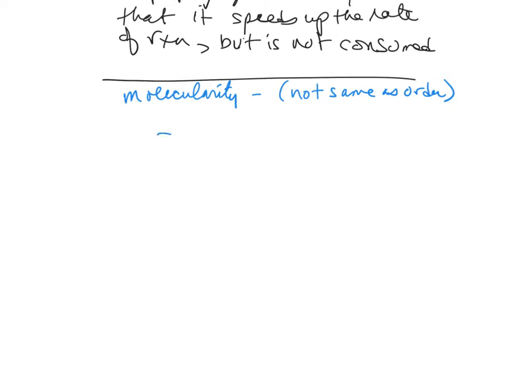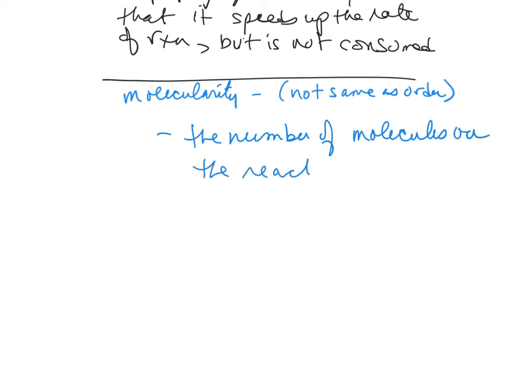And so the definition here is going to be the number of molecules on the reactant side of an elementary reaction.